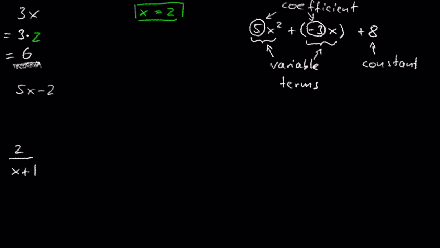Let's plug the number 2 into our next expression, 5x minus 2. 5 times 2 minus 2. 5 times 2 is 10, and 10 minus 2 is 8.